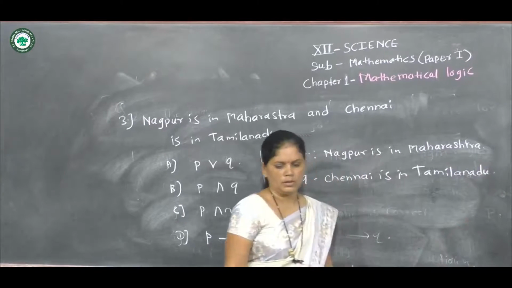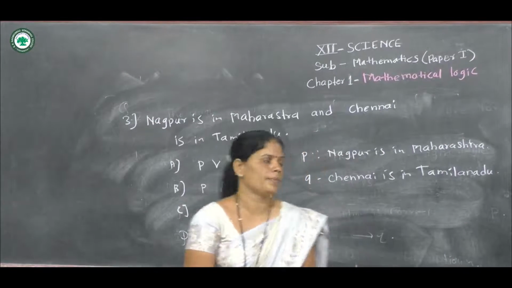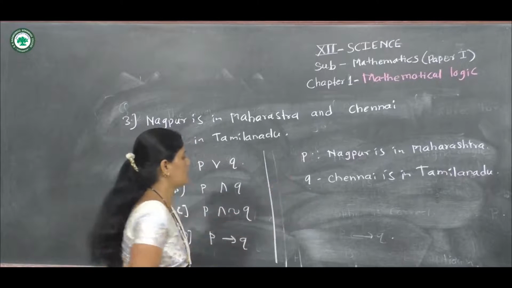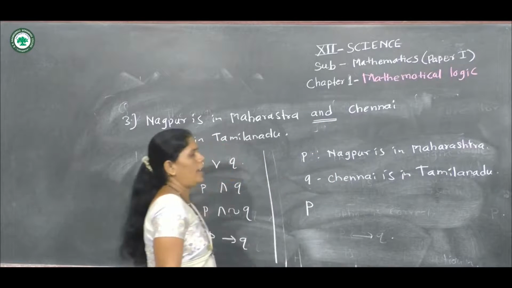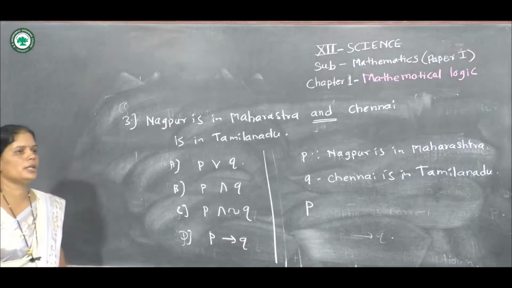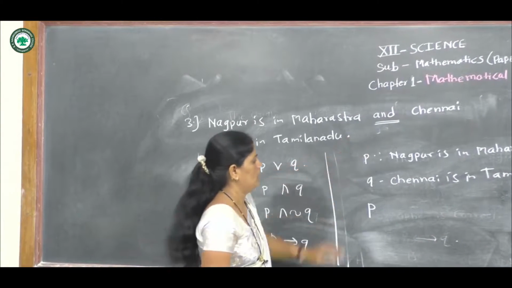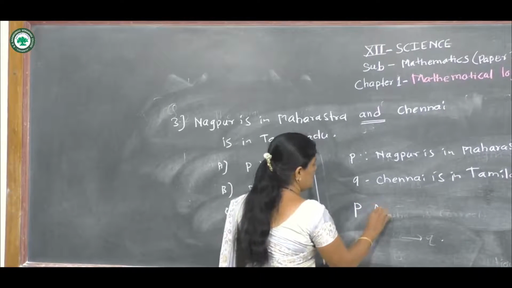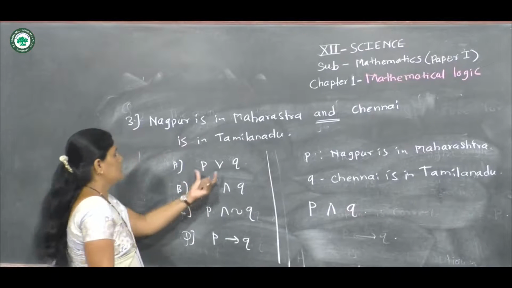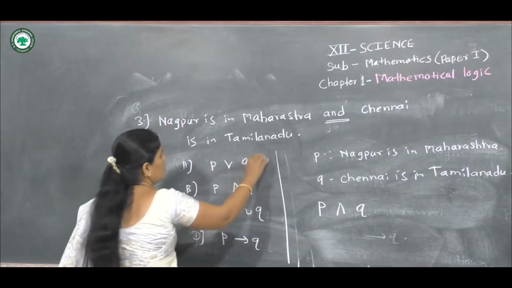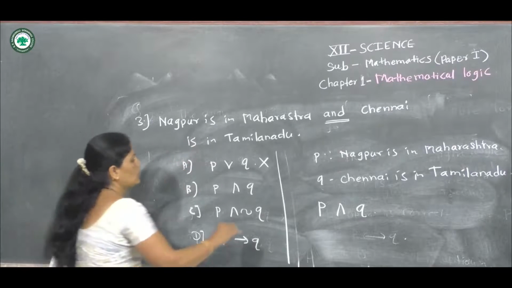Here the word "and" is used, therefore it is a conjunction, P and Q. "Or" is not used here, so P or Q is not the option.